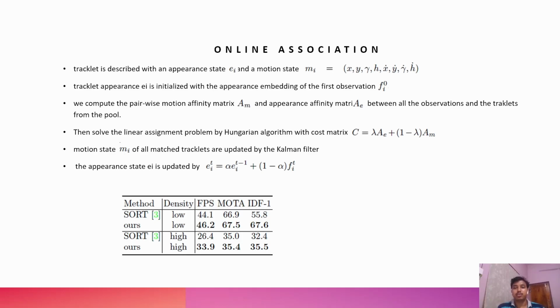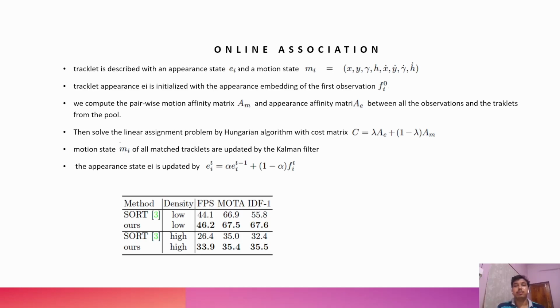Here s, x, y are the height and the center of the bounding box coordinates, and x dot is the velocity along the x-axis. The tracklet appearance e_i is initialized with the appearance embedding of the first observation f_i0 of the element i.